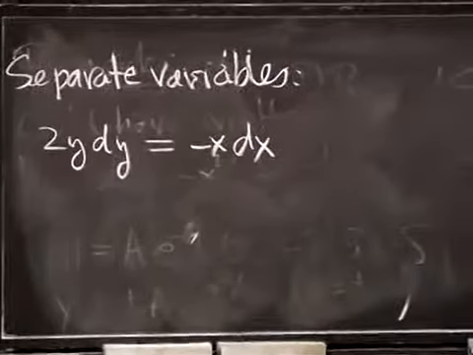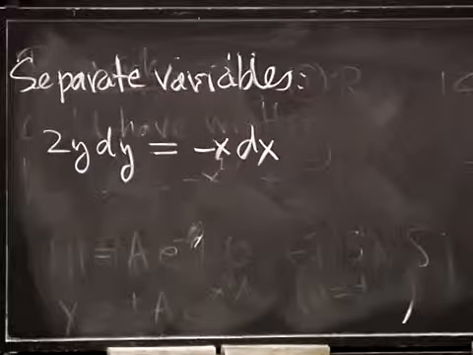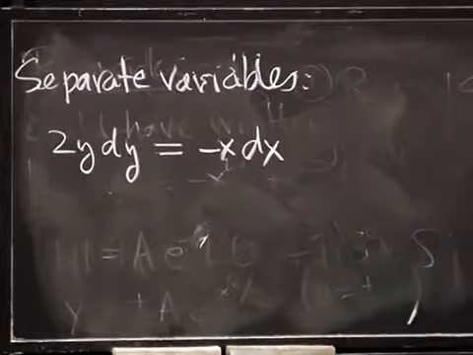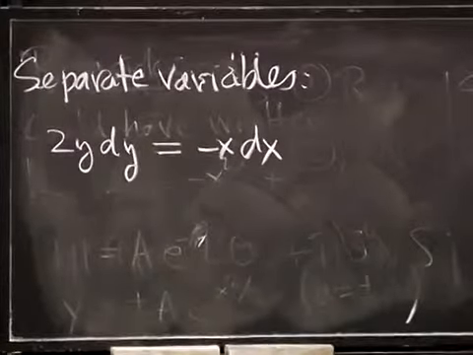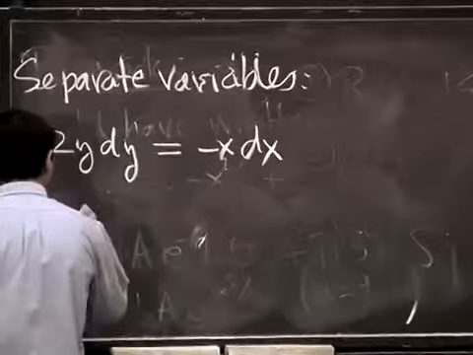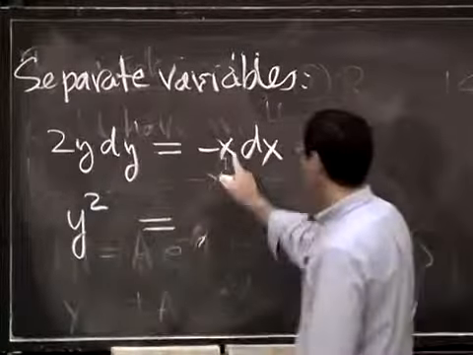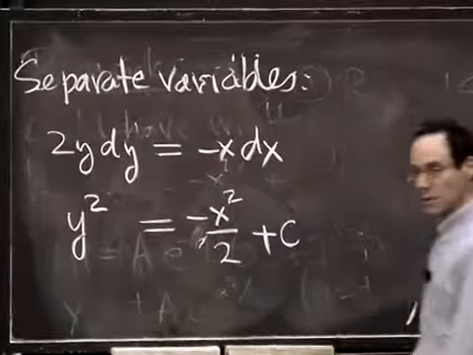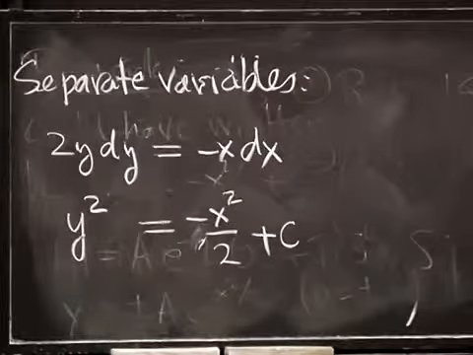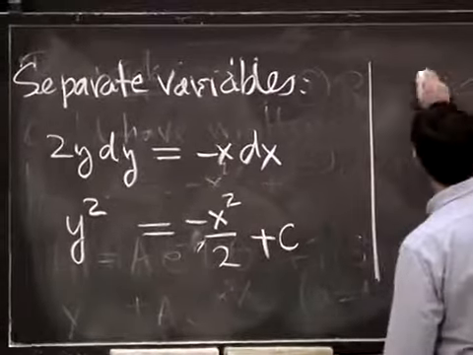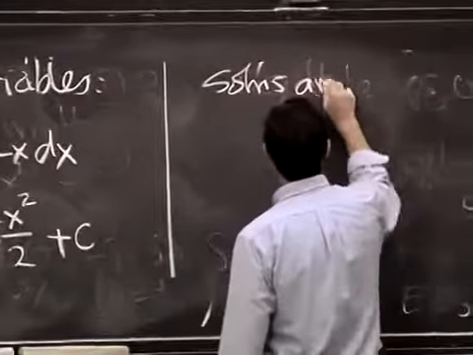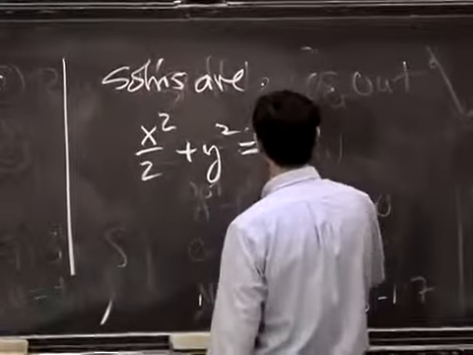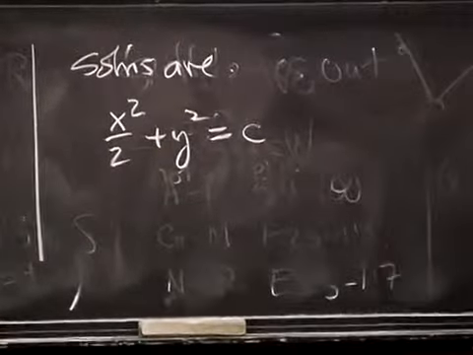That's just looking at the equation that I have, dy/dx is equal to minus x over 2y, and cross-multiplying to get this. And now I can take the antiderivative. This is y squared. And the antiderivative over here is minus x squared over 2 plus a constant. And so the solutions are x squared over 2 plus y squared is equal to some constant c.